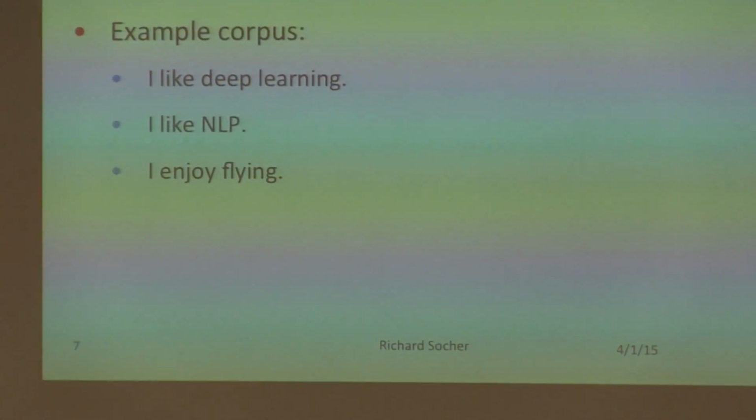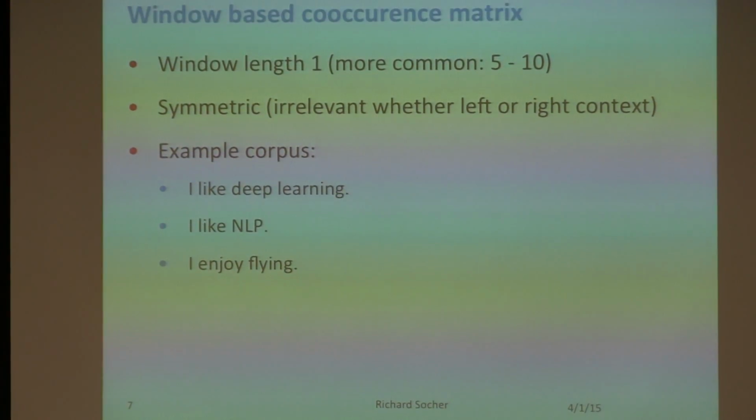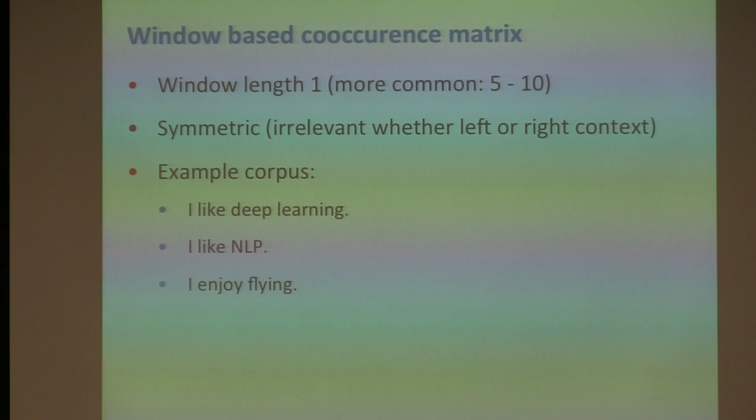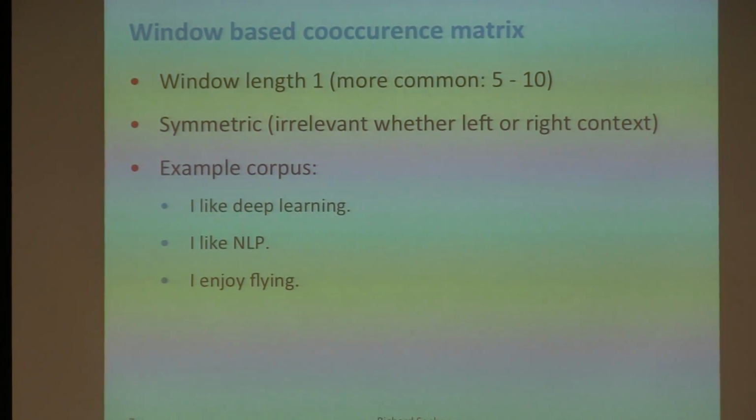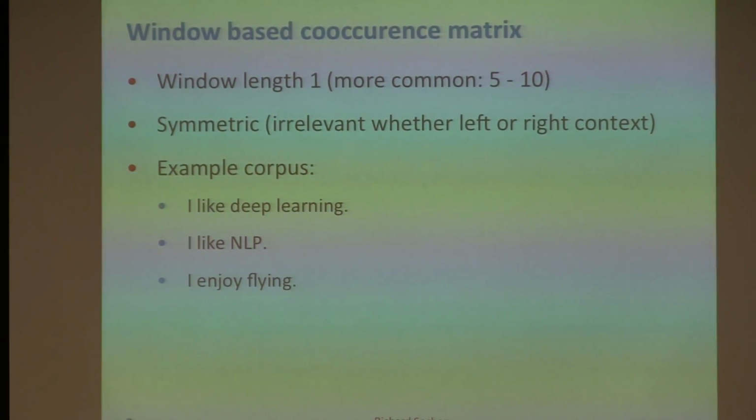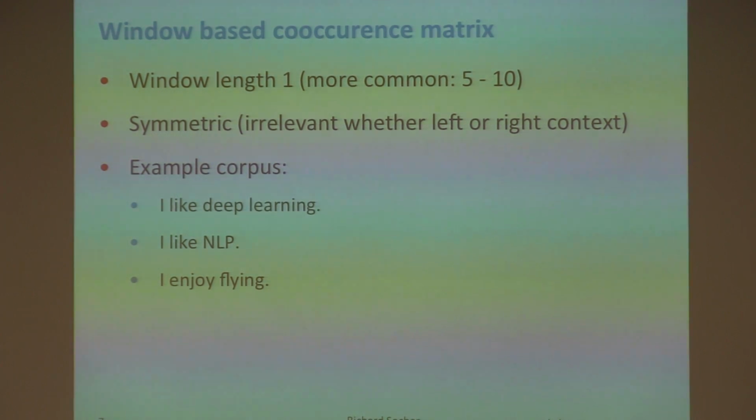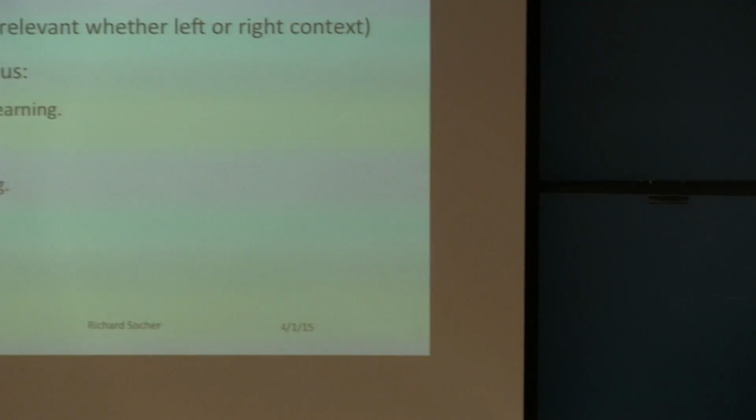So let's go through an example to give you some intuition of what this actually looks like. So let's assume for now our window length is 1. So for every word we will only look at the leftmost neighbor and the right nearest neighbor. And let's also assume for now that we have a perfectly symmetric, we don't really care if the context words, the neighboring words are to the left or to the right.